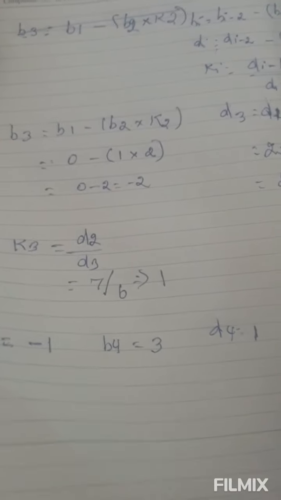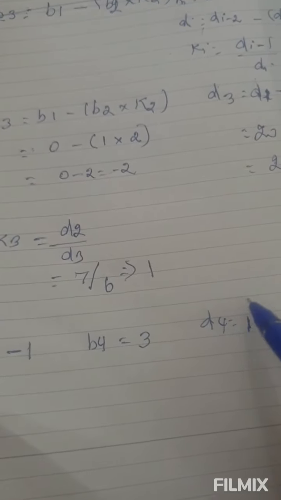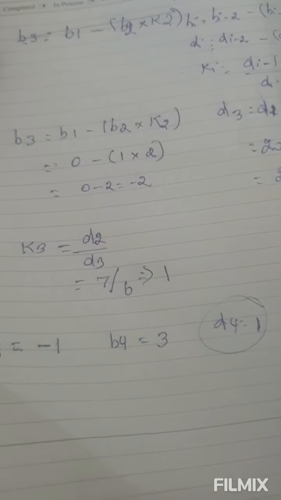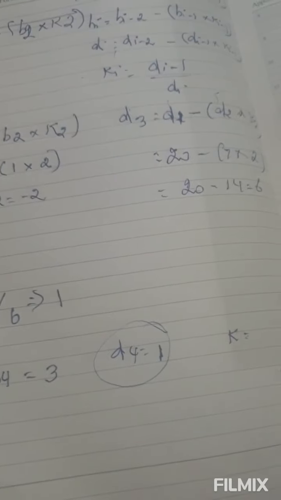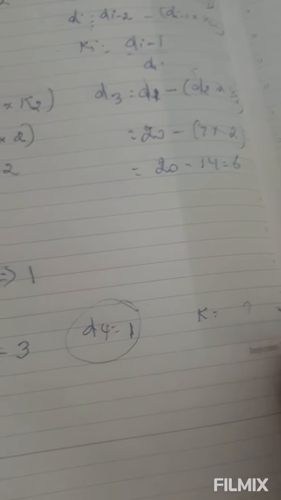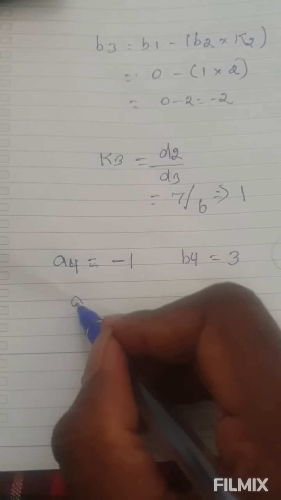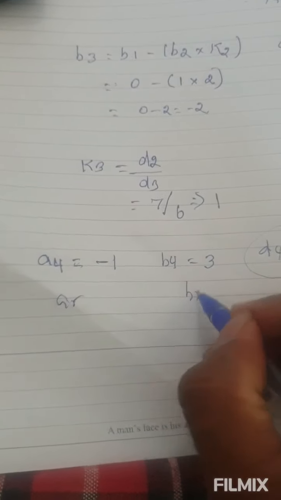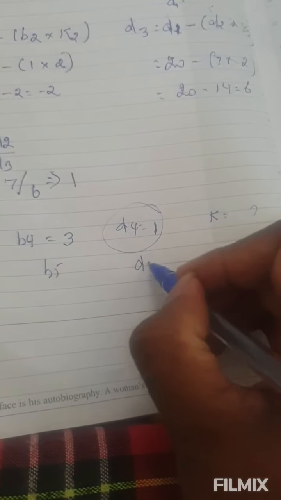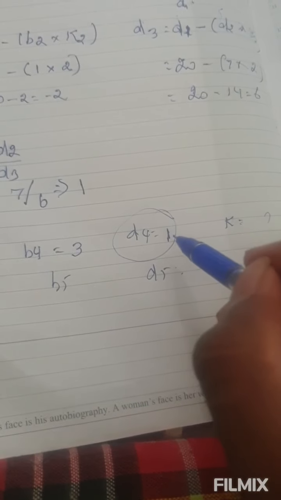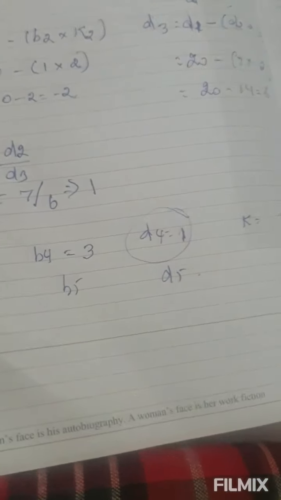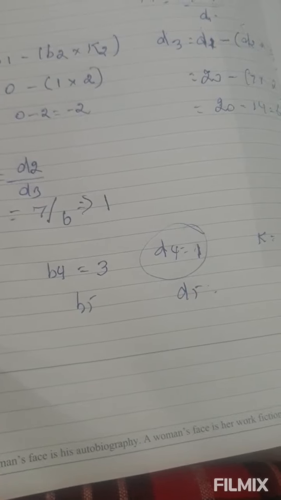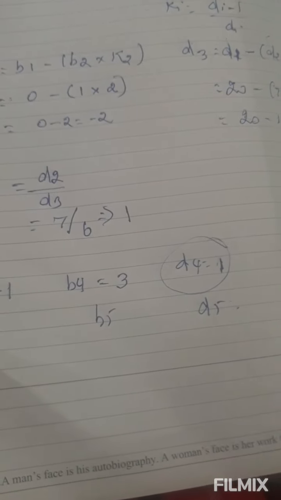If you get the d value as 1, then you can stop the process. No need to calculate the other values of k, and no need to calculate a5, b5 and d5.